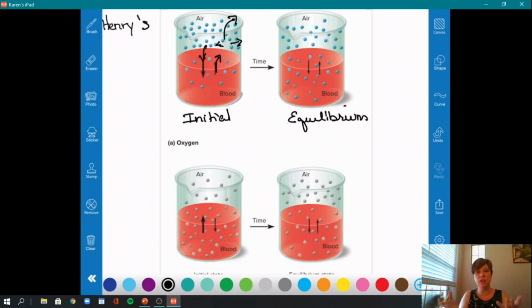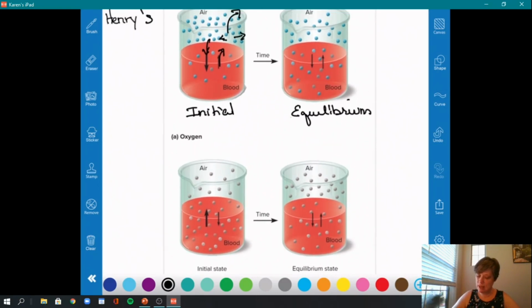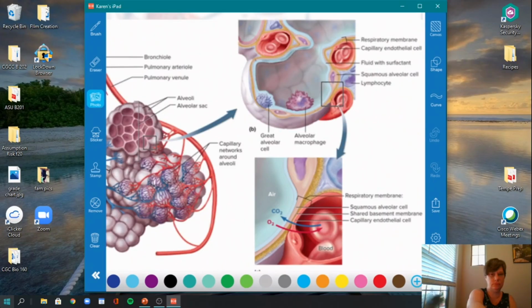Eventually, you'll create that same equilibrium between the gas in the air and the gas in the blood. If we look at oxygen, that's exactly what's happening here. We have the initial state where you've got a higher concentration of oxygen in the air that over time will level out and equalize, and you'll have equal amounts of oxygen in the air and in the blood.